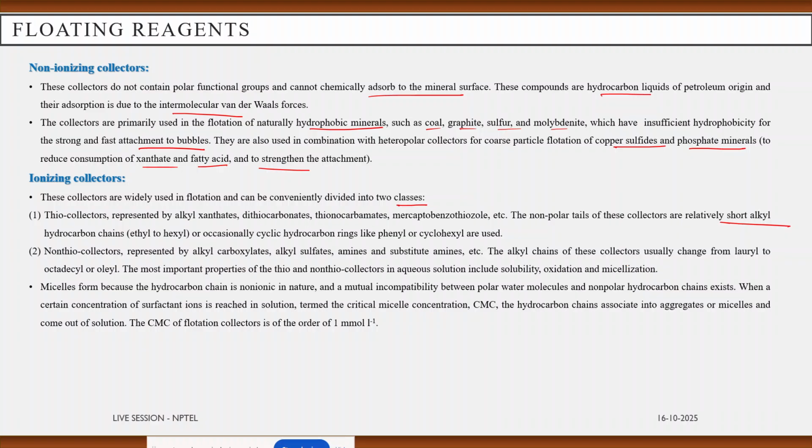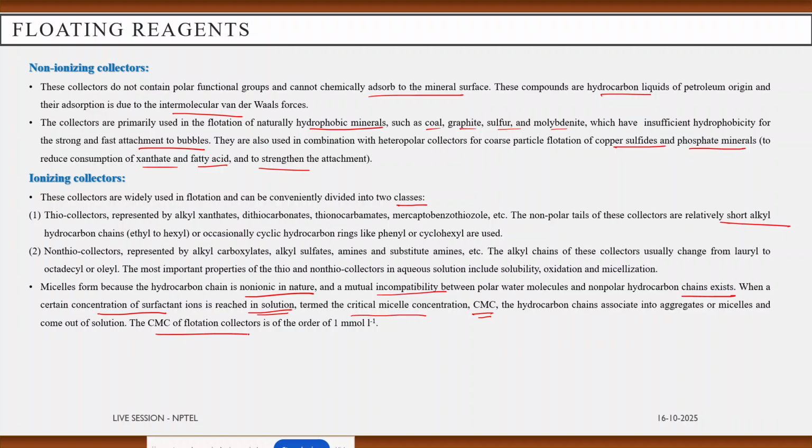These micelles form because the hydrocarbon chain is non-ionic in nature and a mutual incompatibility exists between the polar water molecules and the non-polar hydrocarbon chain. When a certain concentration of the surfactant ions is reached in the solution, termed the critical micelle concentration or CMC, the hydrocarbon chains associate into aggregates or micelles and come out of the solution.